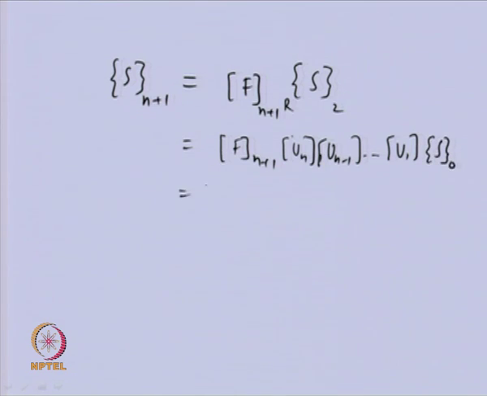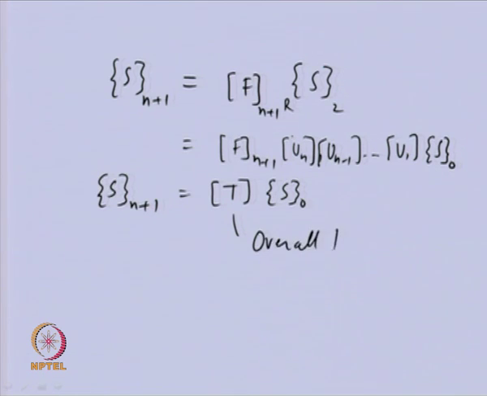So, that means, if we multiply all these matrices, let us say this is a T matrix, we can relate the state vector at n plus 1th station with the state vector at the 0 station, with this T matrix. This T matrix we call the overall transfer matrix.